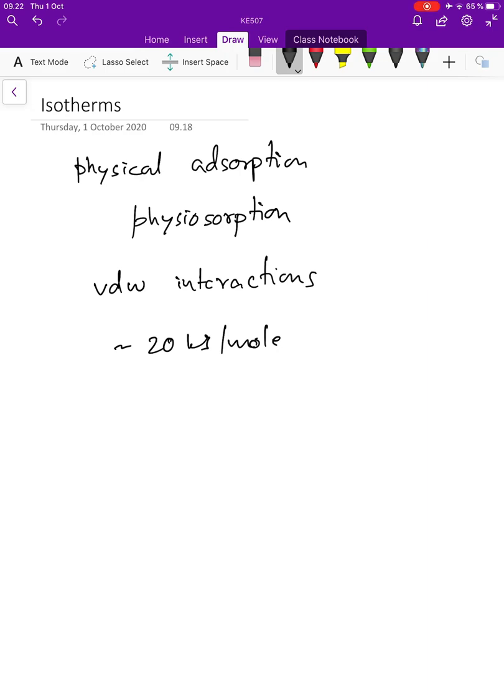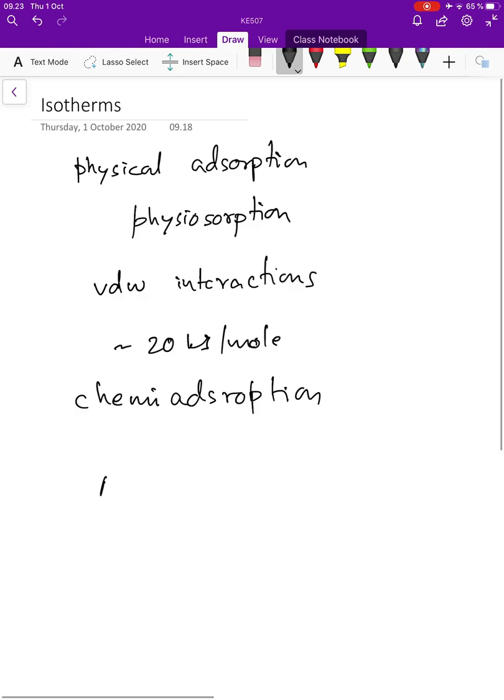The second type of adsorption is called chemisorption, or chemical adsorption. Here the adsorbent covalently links to the adsorbing surface.